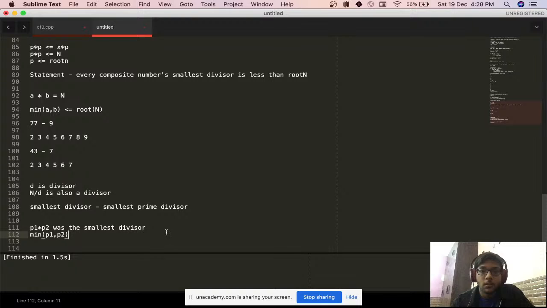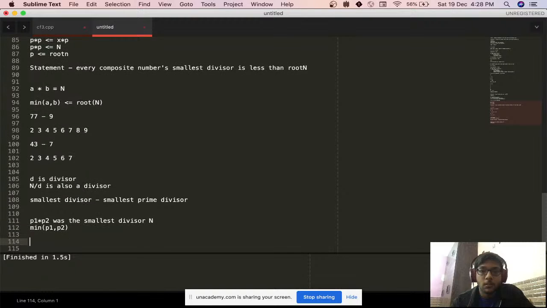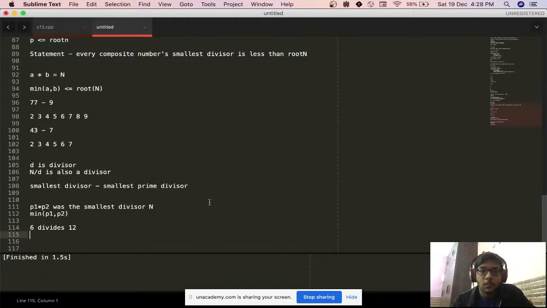Because this is a composite number, it can be broken into smaller primes, and those primes also divide n. If p1 p2 divides n, p1 also divides n, p2 also divides n. Take an example, let's say we have 6 divides n. 6 divides 12, but 6 cannot be the smallest divisor of 12. Why? Because 6 can be decomposed into 2 into 3, and 2 also divides 12 and 3 also divides 12.